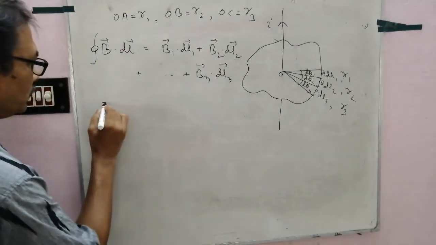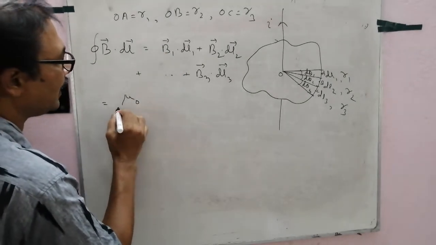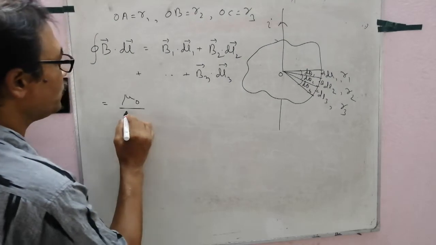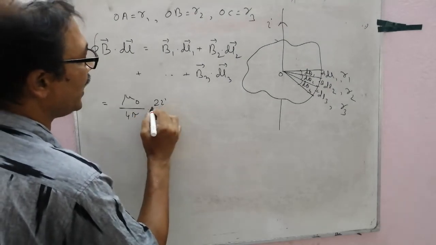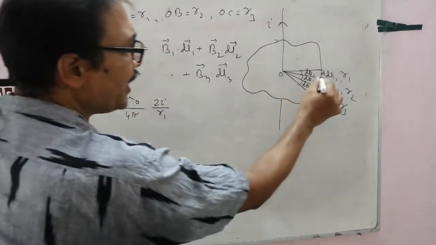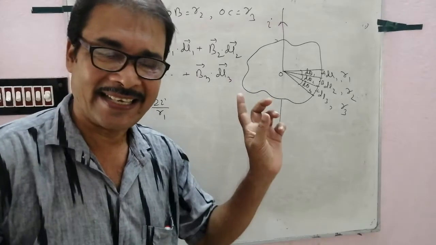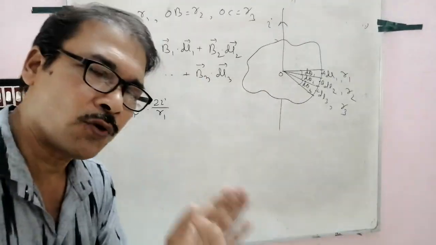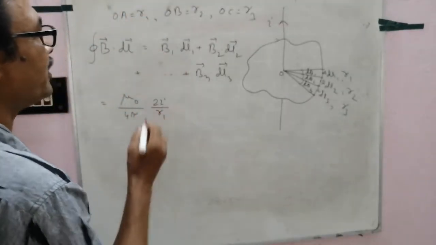Clear? Now B1 equals, we know, in my previous class we proved, mu 0 by 4 pi into 2I by R1, the value of B1, and DL1. That is why I mentioned that B1 is tangential. In Ampere's circuital law, B1 will be tangential to DL. So theta equals 0 degrees for B dot DL.